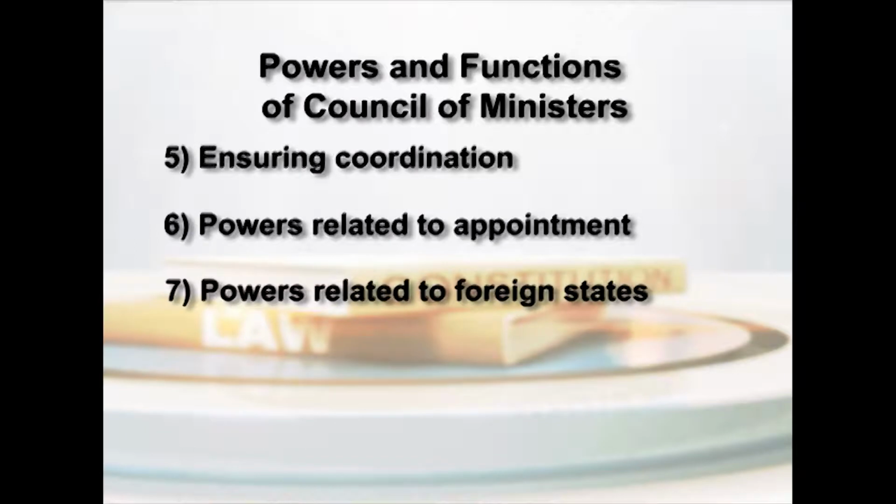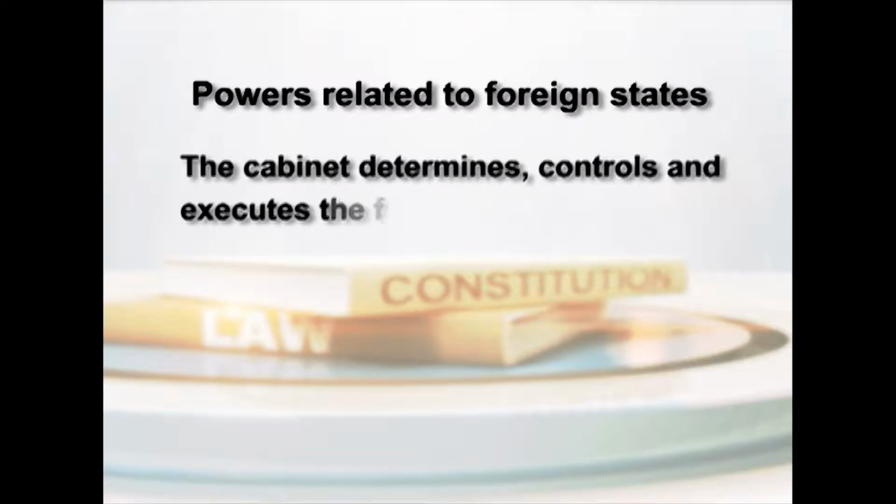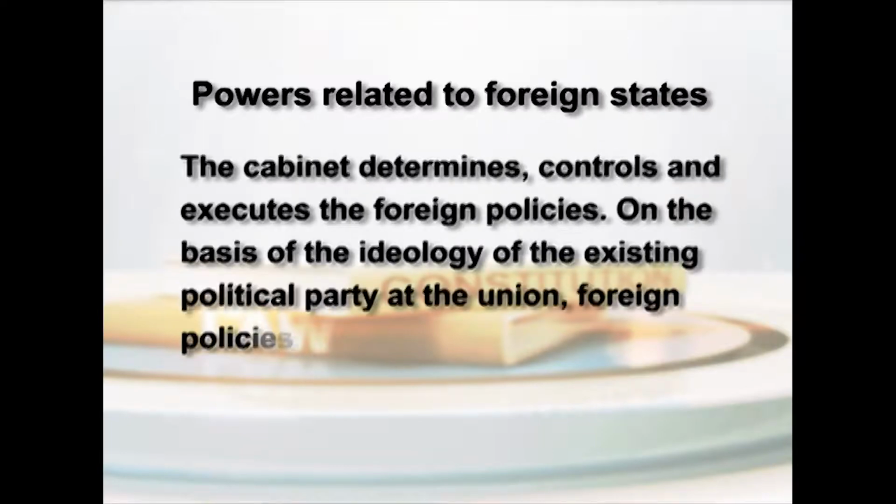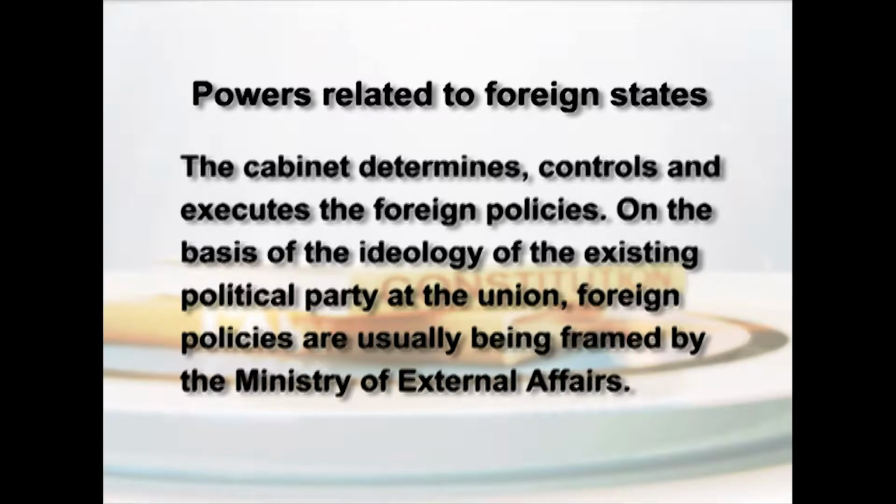Next is the powers related to foreign states. One of the principal responsibilities of the cabinet is to determine, control and execute the foreign policies. On the basis of the ideology of the existing political party at the Union, foreign policies are usually framed. So, it is the responsibility of the External Affairs Minister to chalk out the foreign policies of the country.